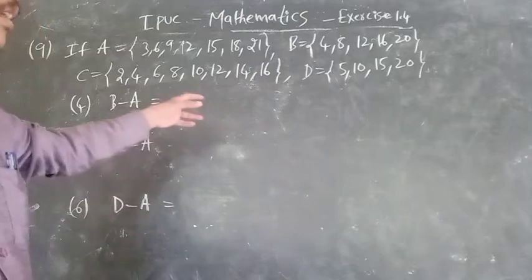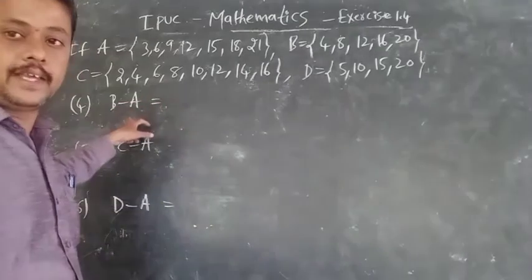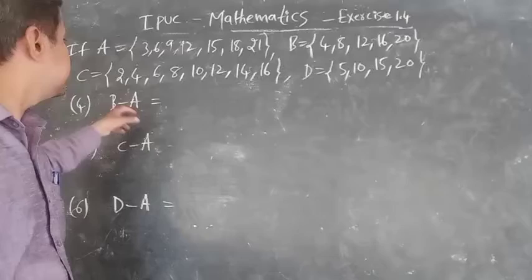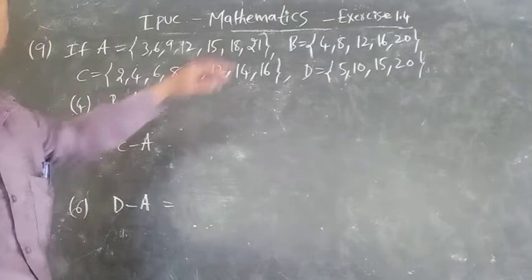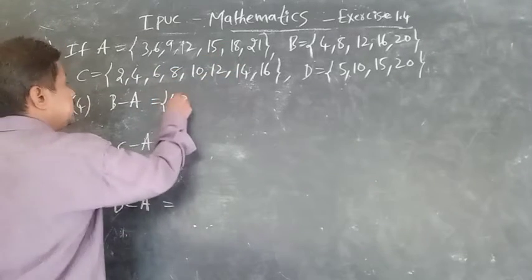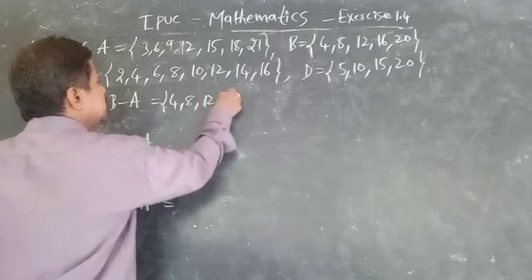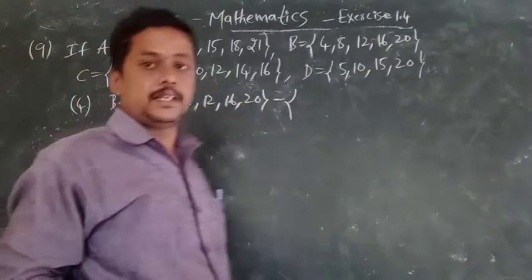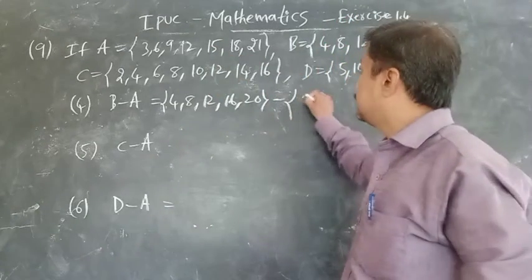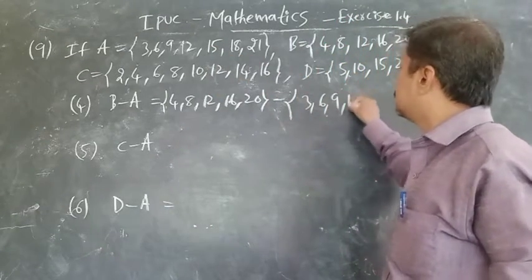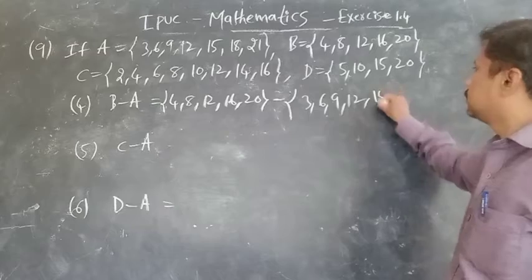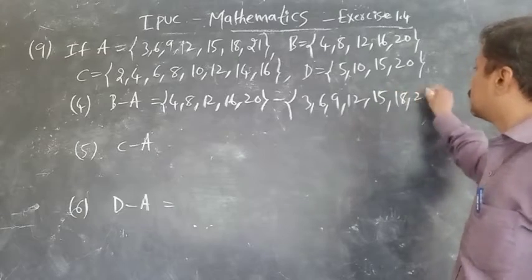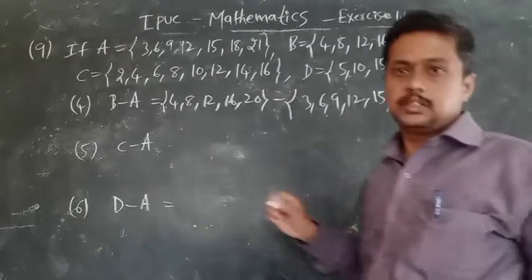Next we will move to the B minus A. Okay, B minus A. So write down first B: 4, 8, 12, 16, 20, minus A. Write down A: 3, 6, 9, 12, 15, 18, 21. Okay. So cancel.